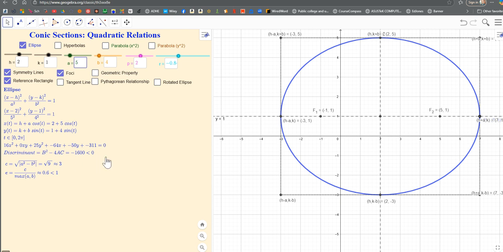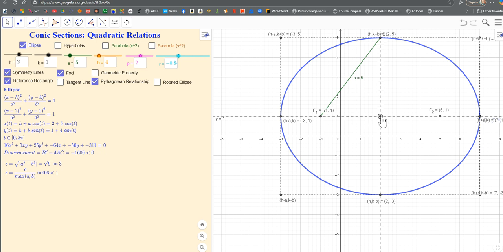Now, it turns out there's a nice Pythagorean relationship among this lowercase a, b, and c. Okay, so this distance from the center to the focus is c. Well, the vertical distance here is b. Now that's the shorter of b and a in this particular case.